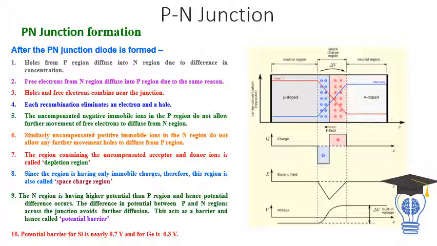Since the ions are formed in this region, it acts as a battery with positive and negative terminals, and it is also called the space charge region, where one end is positively charged and the other end is negatively charged. The built-in voltage which exists in this region is 0.7 volts for silicon and approximately 0.3 volts for germanium.